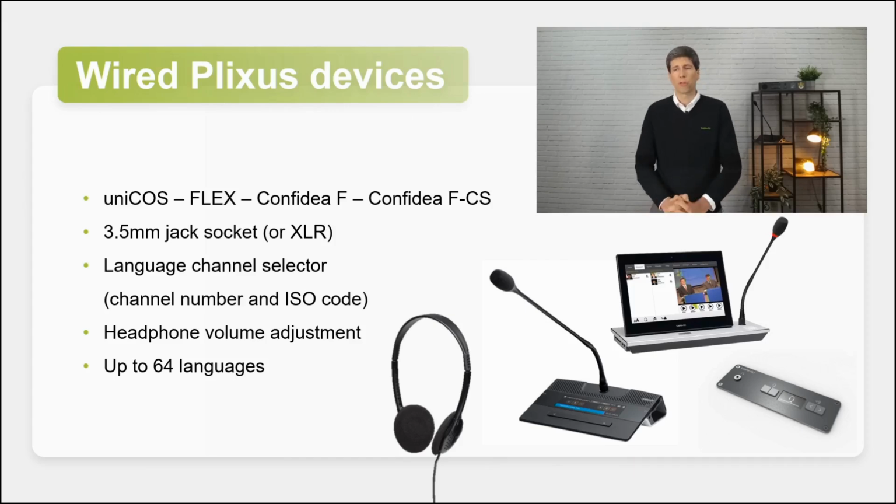You can have it also in XLR version, for example, for the press, as I said. And they all have a language selector where you can see the channel number and the ISO code of the language, and headphone volume adjustment. For Unicos or for the Flex, you have it in the software buttons. For flash mount, you have it with the hardware buttons. Important to know is that for all wired Plexus units, you have up to 64 languages available.